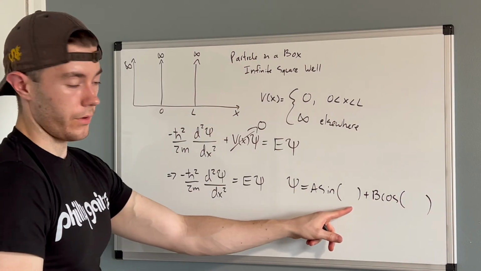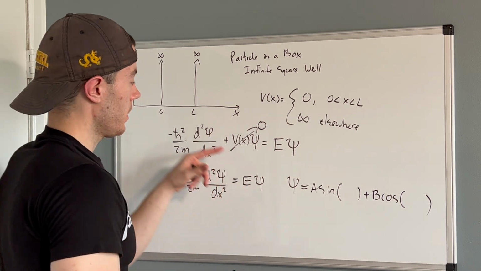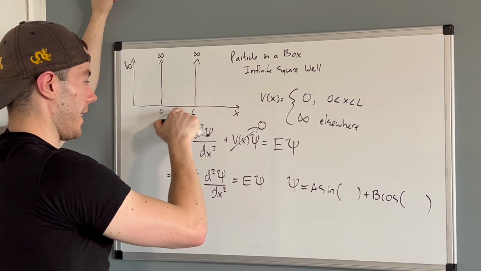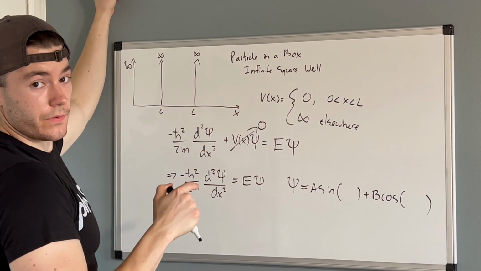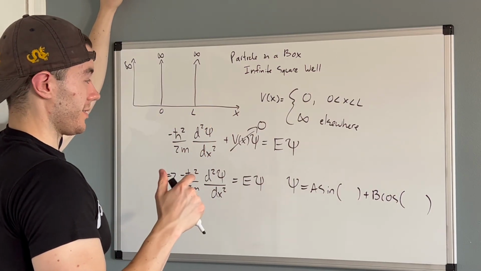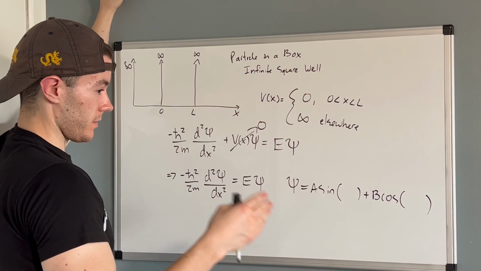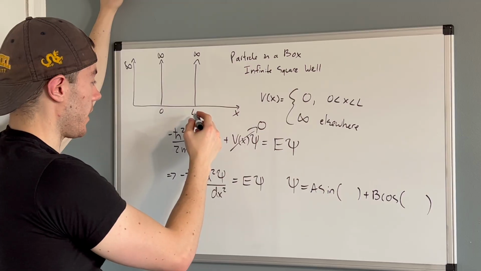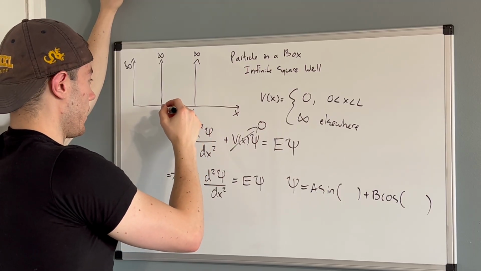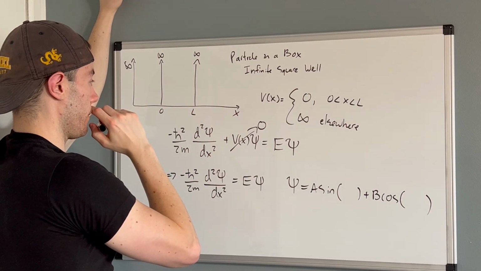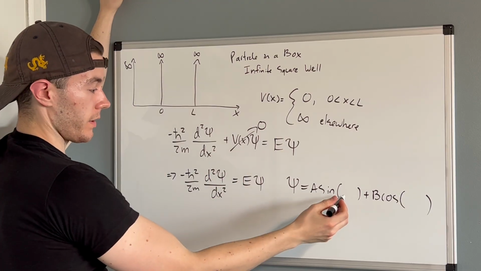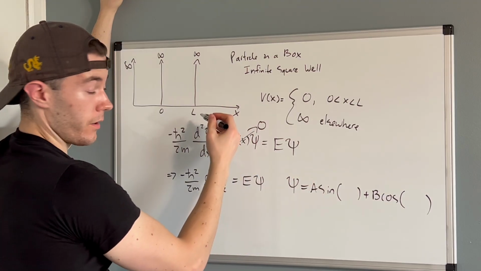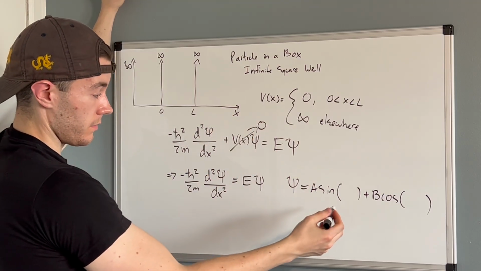All right, so to figure out what's going to go in the sine, let's take a look at the box. So we know that the potential at 0 and L is infinity, which means that the particle is not at the very edge of the box. So the wave function must go to 0 at the edge of the box. So whatever we plug into sine or cosine at 0 and L, it better make the whole thing 0.